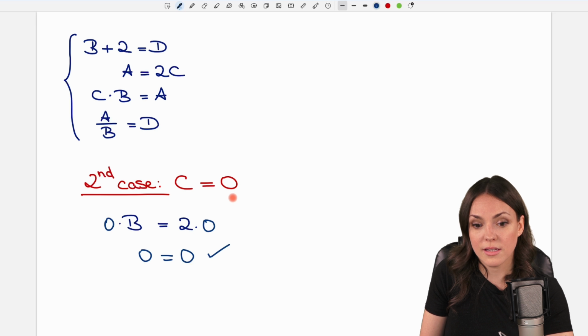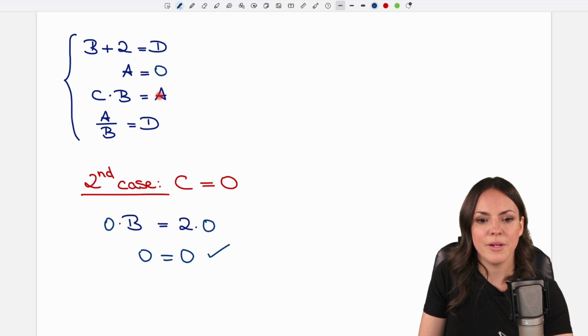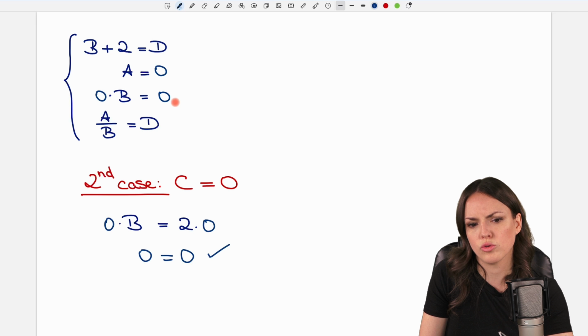Let's work with this then with the other equations. So if C equals 0, I have 2 times 0 here, so I have 0 on this side, which means that A is equal to 0 then as well. Okay, maybe that's possible. But if A equals 0, I can insert 0 here for A, and 0 for my C here again, so I have 0 times B equals 0.